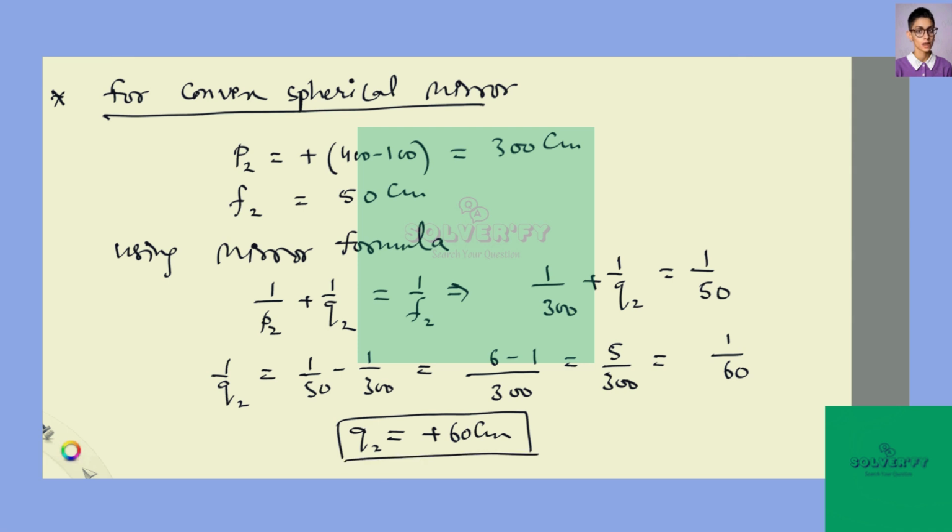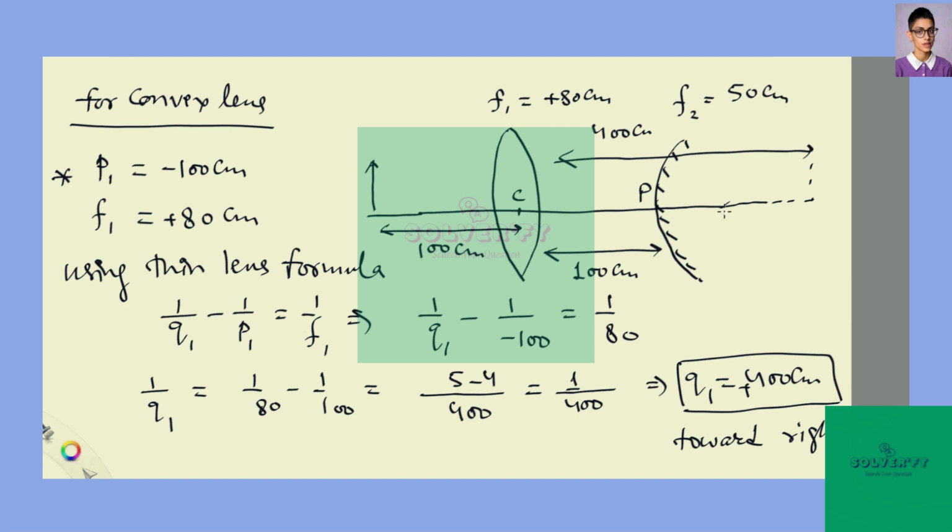This positive sign shows that the image is still towards the right side of this spherical mirror, somewhere here at a distance of q2. Now this image will serve as the object again for the convex lens. So for this, the object distance will become 100 plus 60 centimeter.